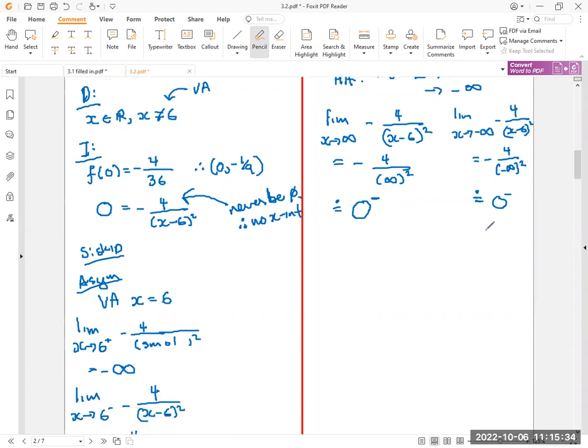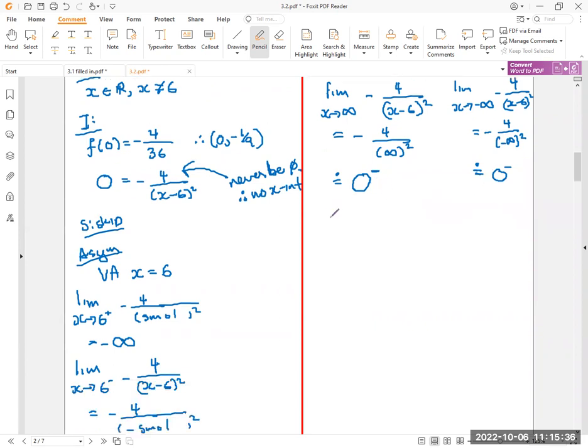Oh, intervals, I forgot. Intervals. X-intercepts, none. Vertical asymptote, 6. Parts of the graph that will change the sign: there's a negative 4 and (x minus 6) squared. Oh, but hey, this is going to be easy.